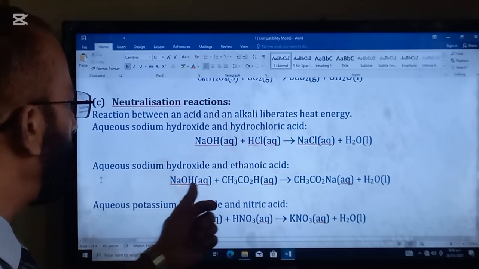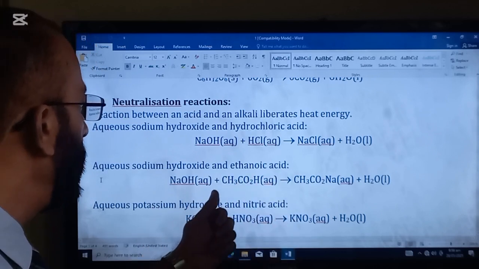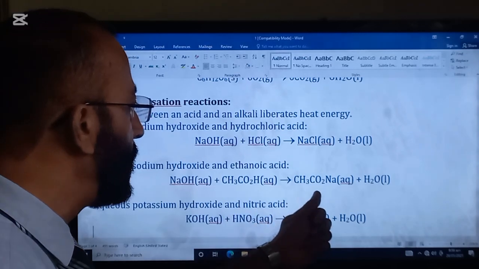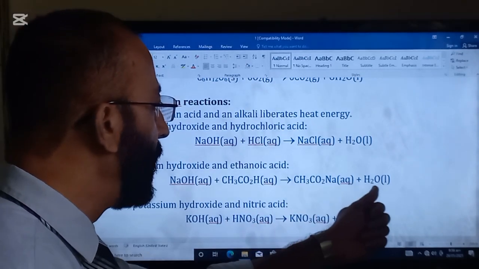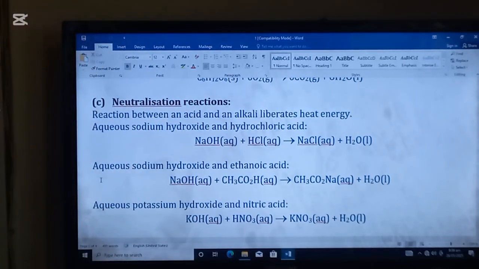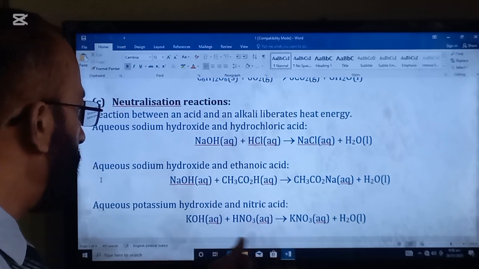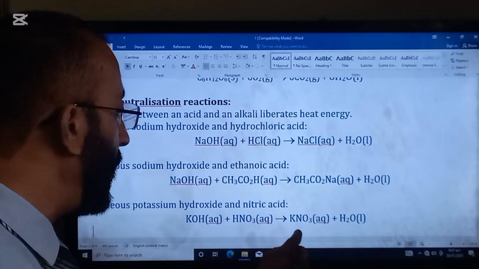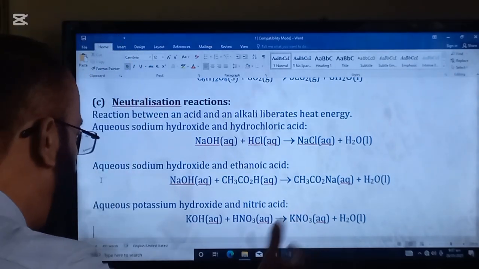Aqueous sodium hydroxide and ethanoic acid. Equation is here. NaOH plus CH3COOH forms CH3COONa. This is sodium ethanoate plus H2O. Aqueous potassium hydroxide and nitric acid. Equation is here. KOH plus HNO3 forms KNO3 plus H2O. This is potassium nitrate.